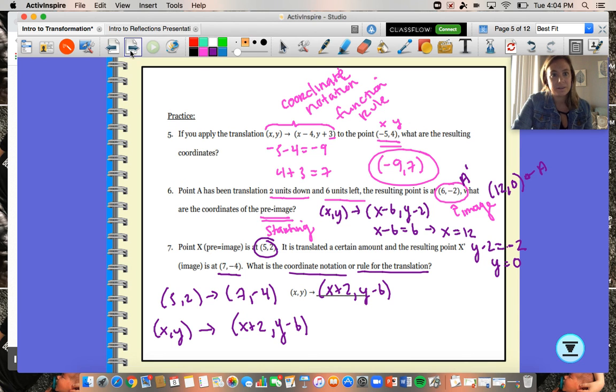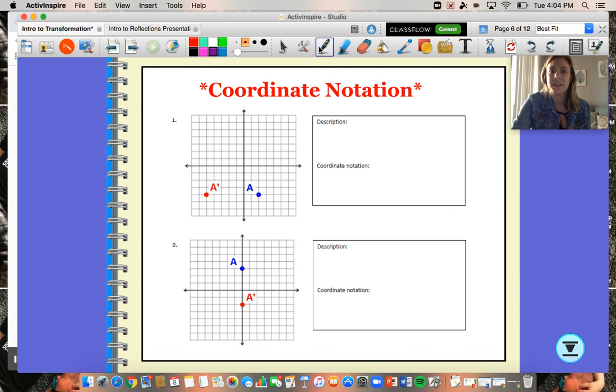Let's do some more. If you feel like you want to pause the video and try some, go for it, especially if you've printed these out or right now you've got these, try it. So description, I mean verbal. Coordinate notation is what we were just talking about where you do the XY arrow. So this is my original one. This is the pre-image. This is the image. Pre-image, image. I'm going to go that way. So be careful.